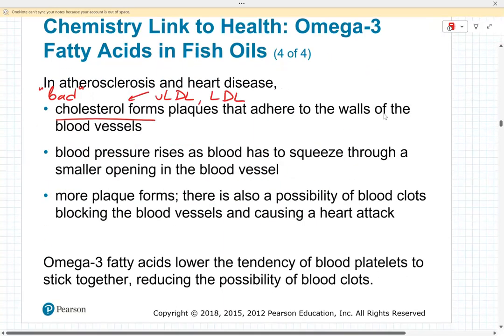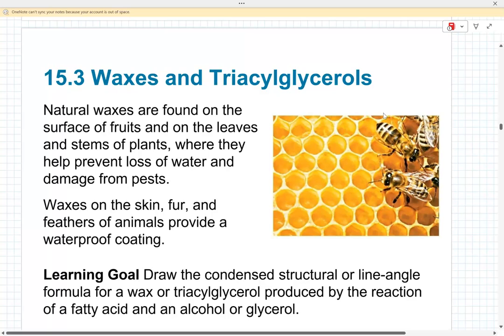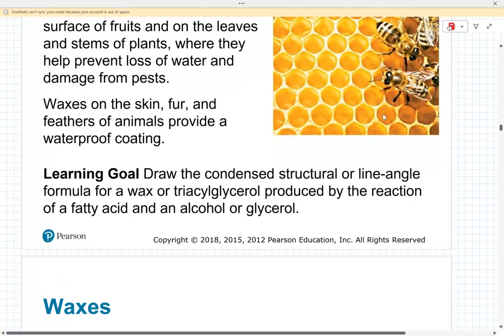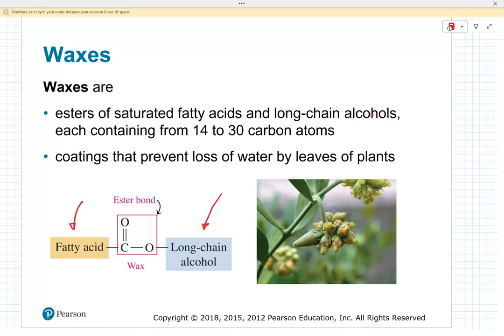Okay, let's go back here, talk about waxes and triacylglycerides. So I'm going to skip the introductory part. What are waxes? Why do we like them? You have saturated fatty acid and a really long alcohol molecule. Okay? Good?